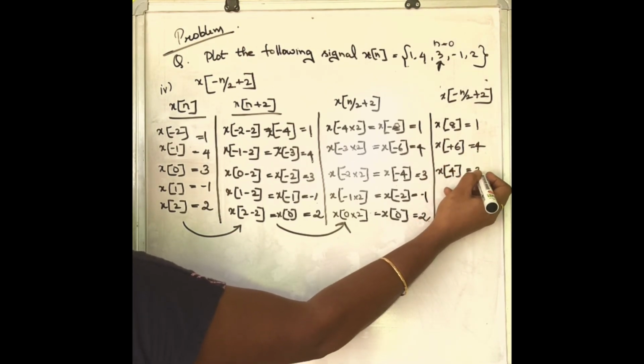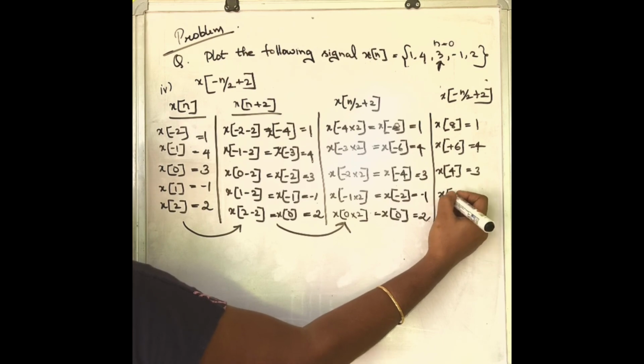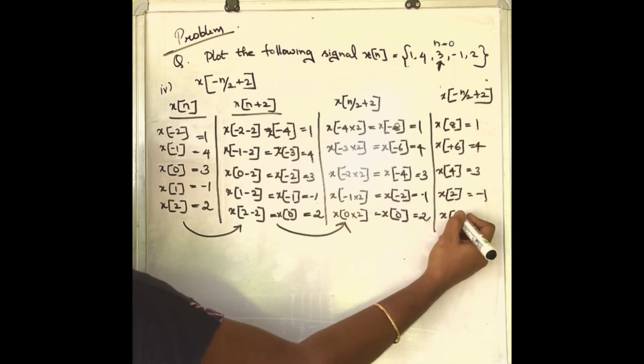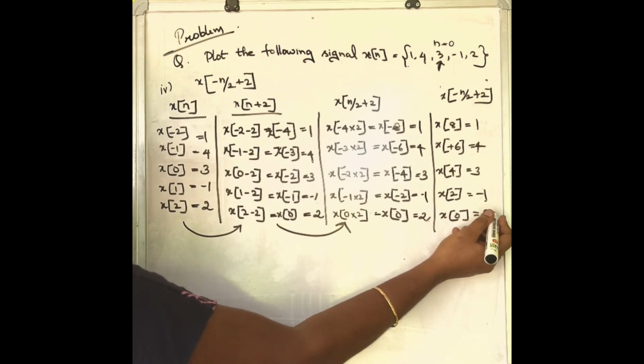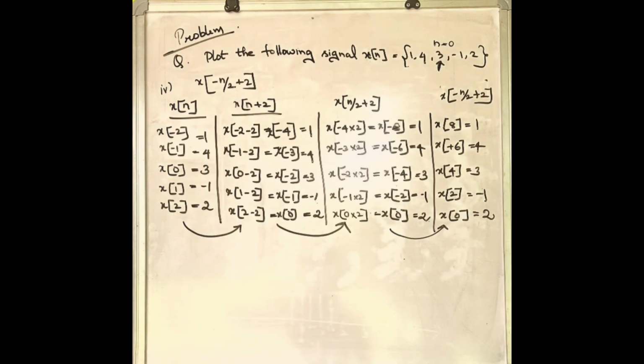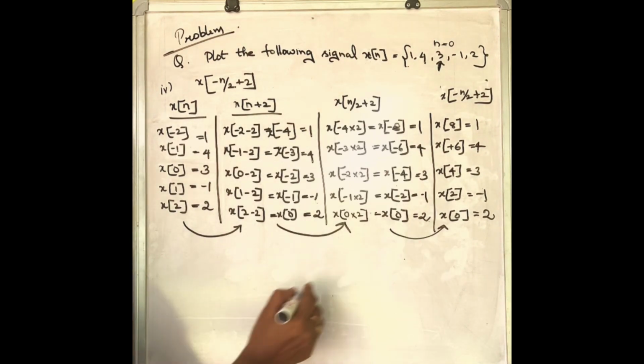Okay. Once again, I'll repeat, there is no change in the amplitude. The amplitude remains constant. Okay. So these are the final values obtained. Now for this, we can draw the graph.